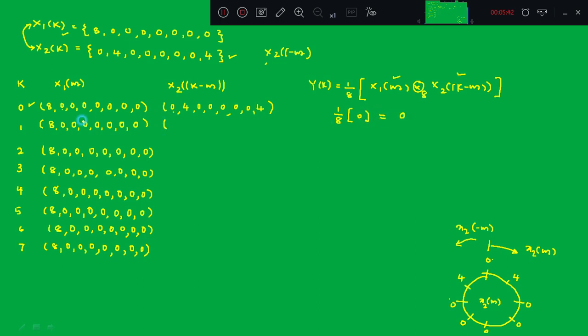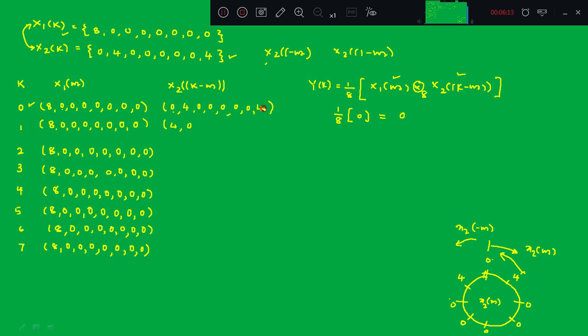Next, substitute k is equal to 1. This becomes 1 minus m, so you start counting anticlockwise from the next point. Or else you take the last bit first, then shift each sample right by one position.